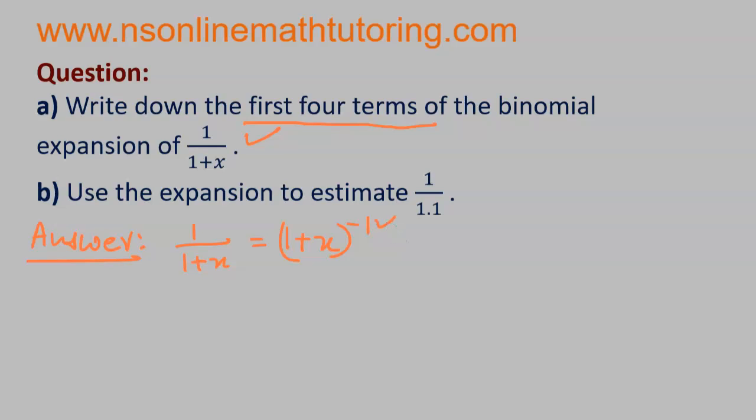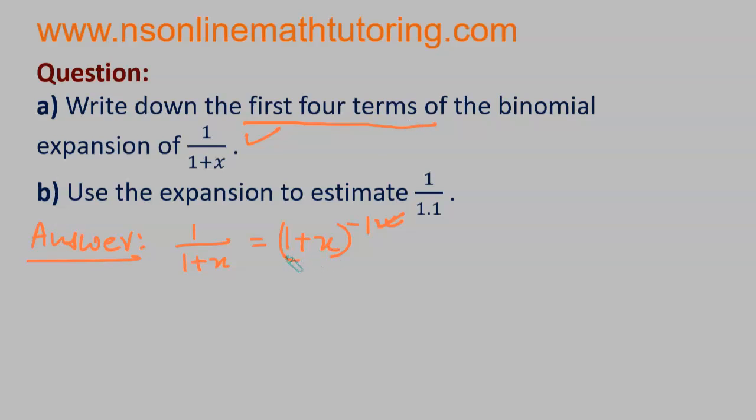And this is the power of 1 plus x. 1 plus x is the binomial expression because it contains 2 terms. And this is the value of n. n is equal to negative 1, a negative integer. That means n belongs to the set of rational numbers. Okay? And we are asked to give the first 4 terms.